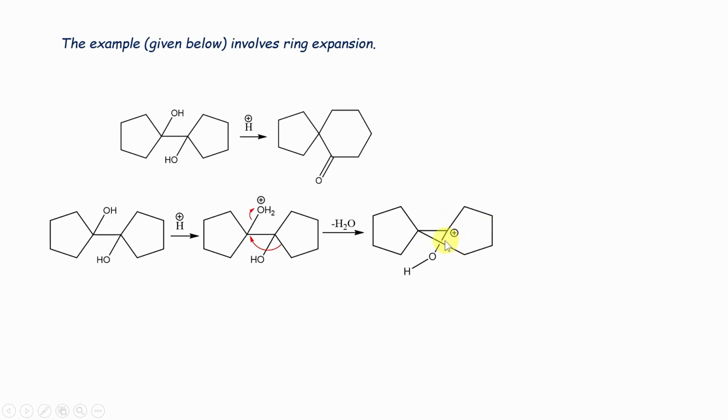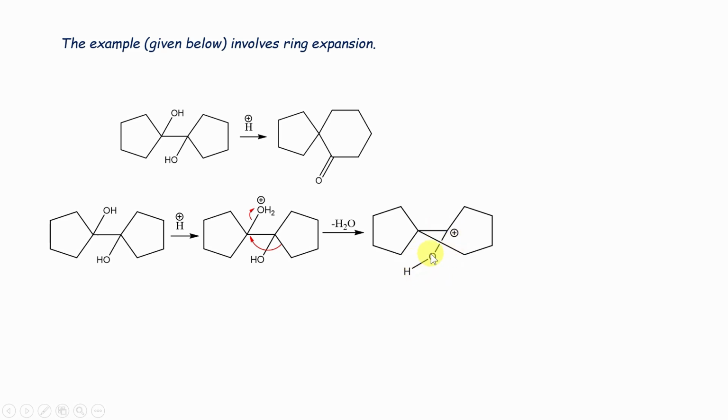Which consists of 6 carbon atoms, as ring expansion takes place here by the migration of these methylene groups to this carbon atom, forming this tertiary carbocation.